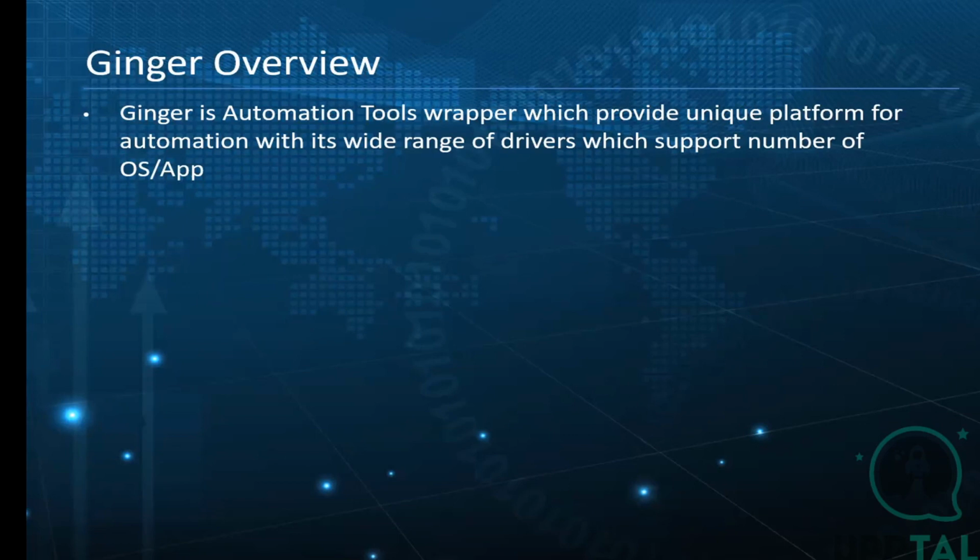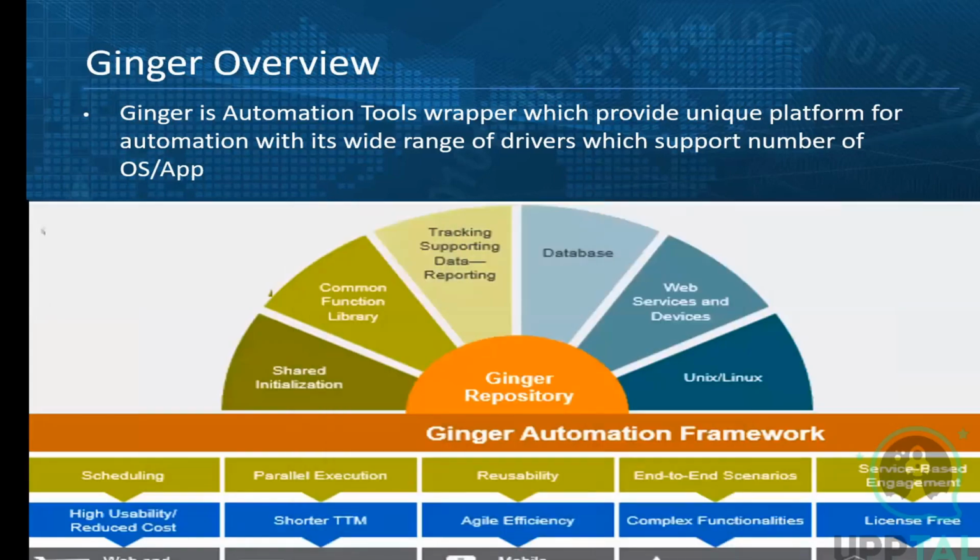Okay, now comes the different spectrum of Ginger, like why Ginger and what are the Ginger key features. We called it key features because it is a shared initialization. Now what is a shared initialization? What are common library functions?